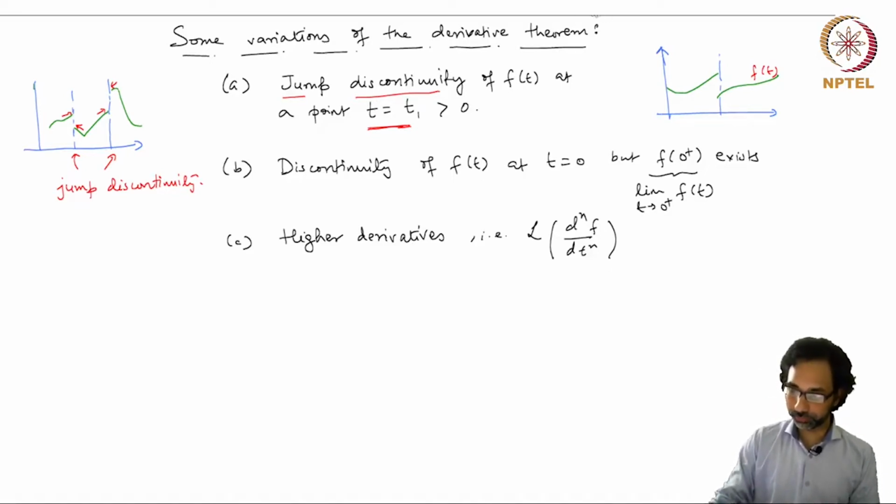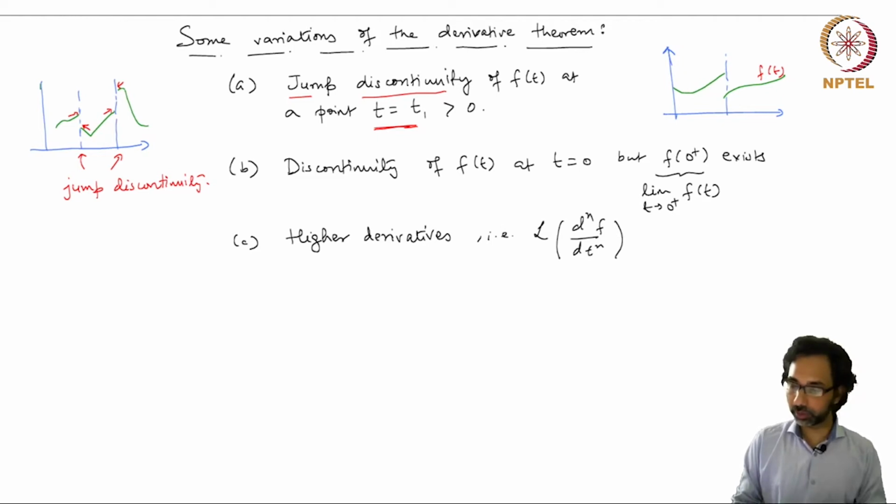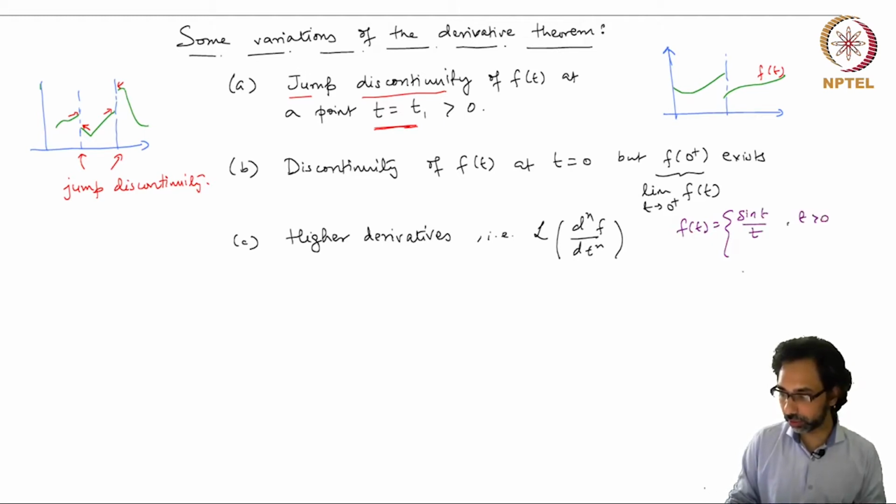So for example, an example of a function which has a discontinuity at t equal to 0 and yet the limit as t tends to 0 from the right of f(t) exists is given by the following function. You can take f(t) to be sin t over t for t positive and 0 for t equal to 0.